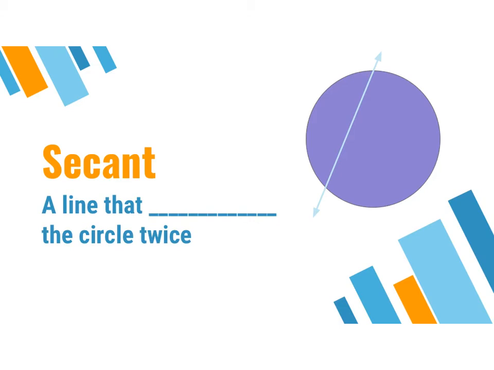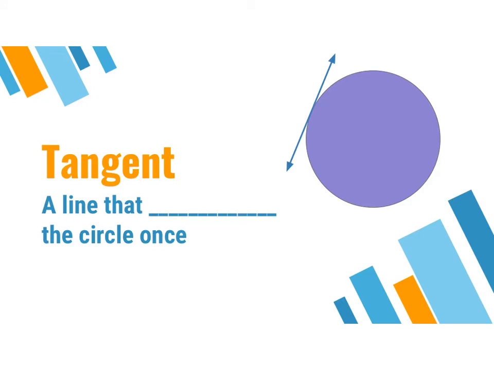So it's a line that intersects the circle twice. If this was M and this was N, again, if I were writing about that, I would write about it just like I do with a line. A tangent is a line that intersects the circle exactly once.